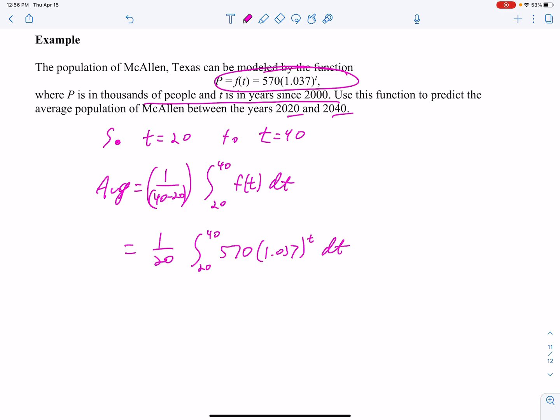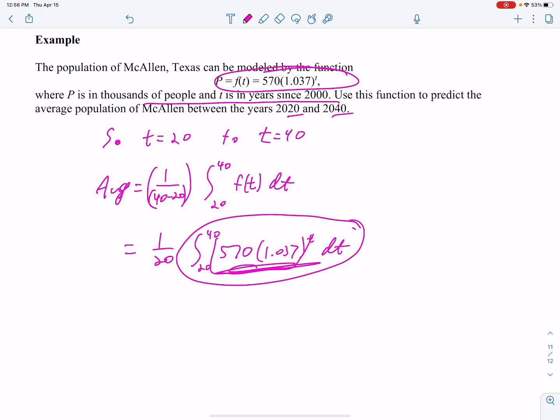You plug this into your calculator as I showed you before: hit the math button, option 9, fnInt, punch this in exactly as you see it, with the t as the exponent, with limits of integration from 20 to 40. You should get 34,646.2.